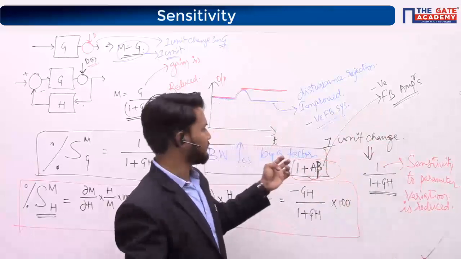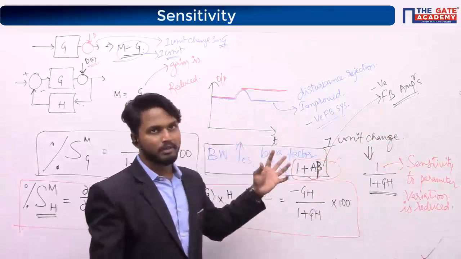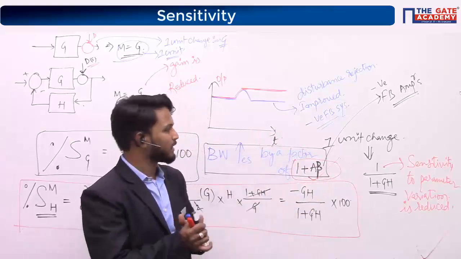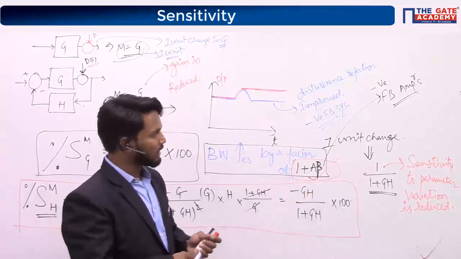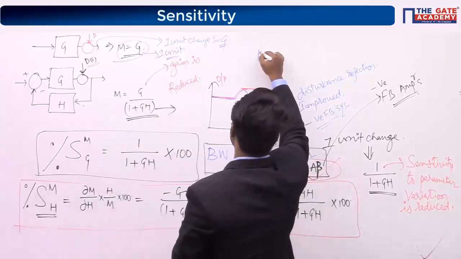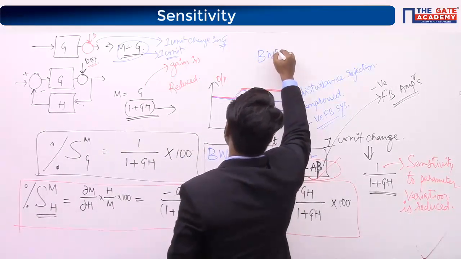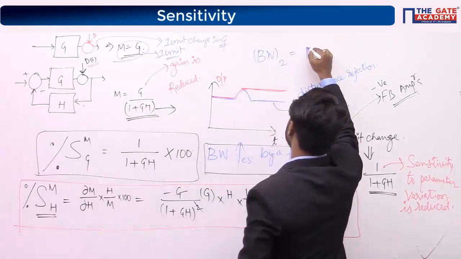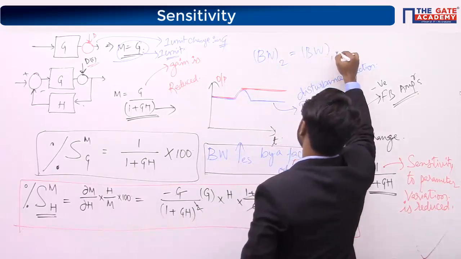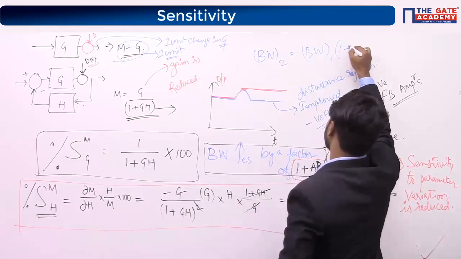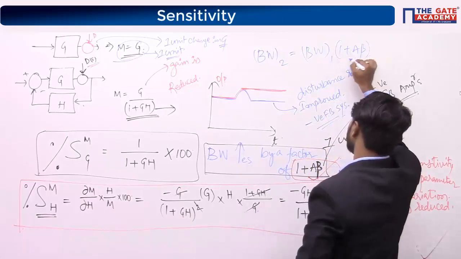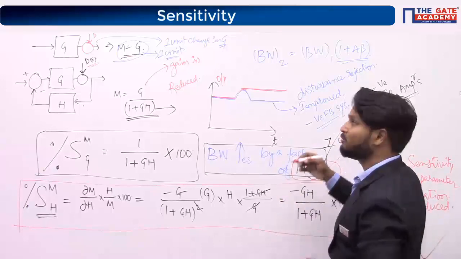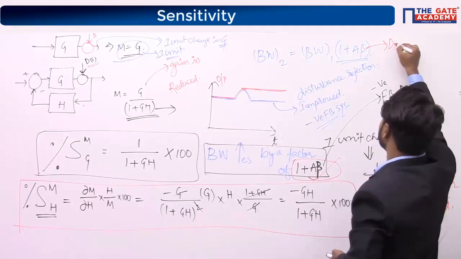In amplifiers, you will definitely study that the bandwidth of your negative feedback amplifier increases by a factor of 1 plus A beta. So if the old bandwidth is BW1, then the new bandwidth BW2 is BW1 multiplied by 1 plus A beta. This 1 plus A beta also has a particular name called desensitivity.